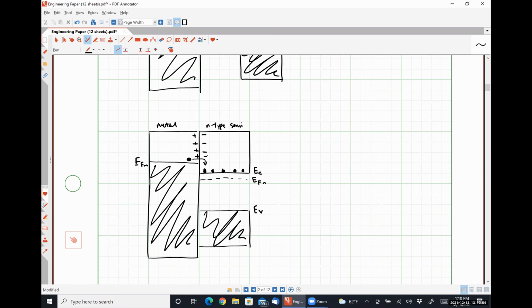So instead of having a depletion region, we are going to have an accumulation region where we have excess charge carriers.